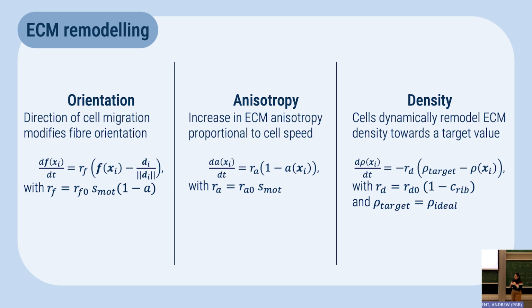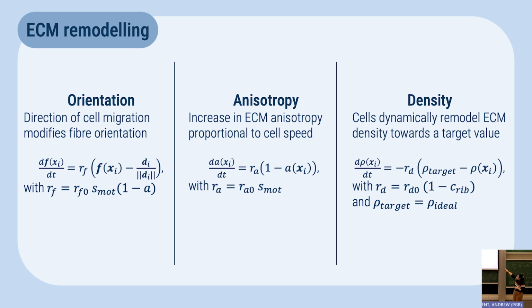When the ECM density is above the target value, the fibers will be degraded, and so it will decrease. When the ECM density is below this target value, the cells will produce more ECM, and so it will increase the ECM density.